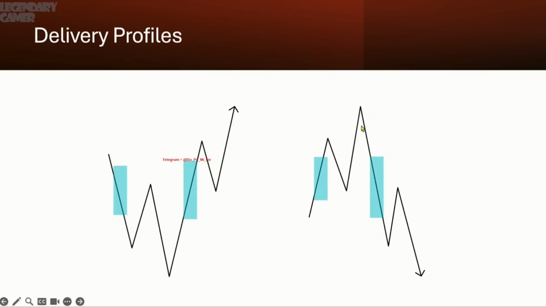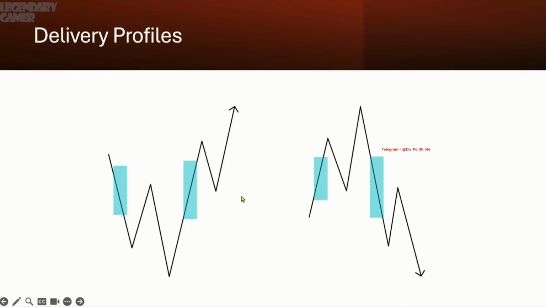We then see sell side delivery lower, trading below this low with a CB. So we need to see buy side delivery back into this low once more in order to balance out this price range from this low to this high. And then we're allowed to expand. Then we're allowed to trade away.